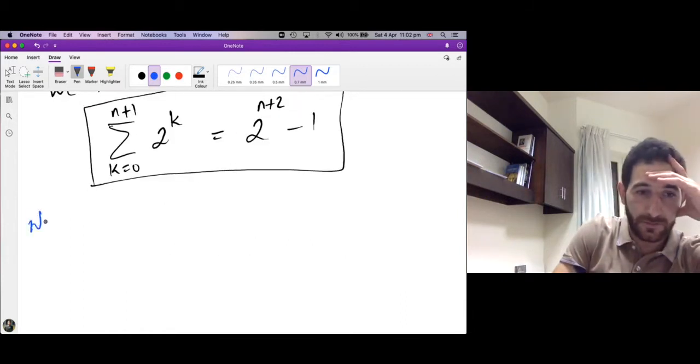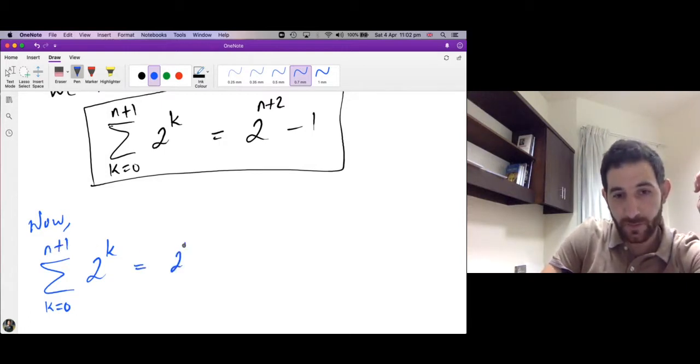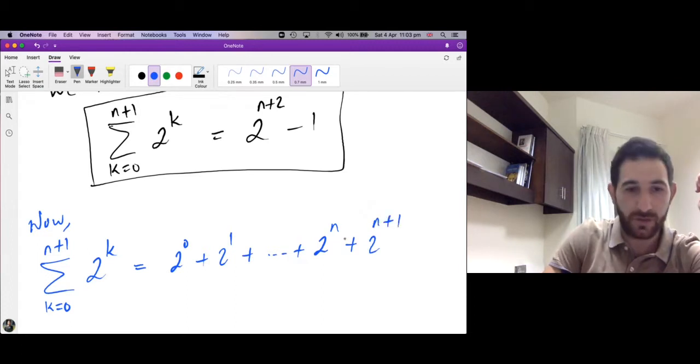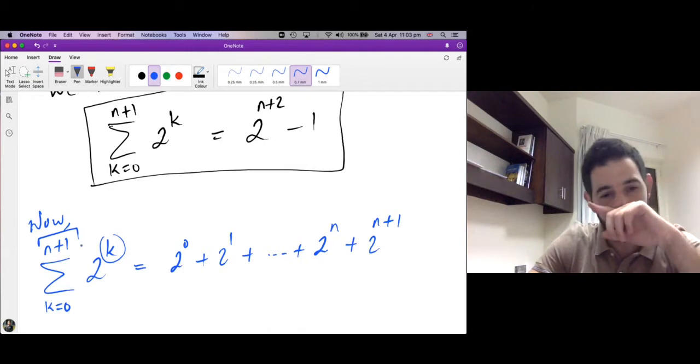So now start with the left hand side, which is the summation of all powers of 2, where the powers range from 0 up to n plus 1. And this is 2 to the power 0 plus 2 to the power 1 plus up to 2 to the power n, and we stop at 2 to the power n plus 1, right? K stops when this is the upper limit of the summation.